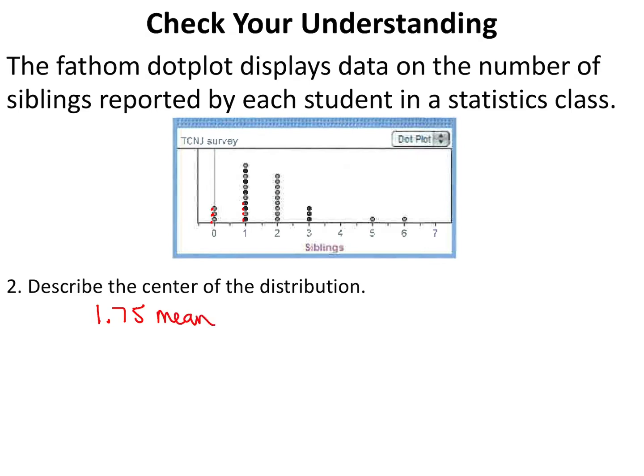To find the median, you would count in until you found the middle data value. And if you were to do that, it would actually be right between the 1 and the 2. So to find the median in that case, you would do 1 plus 2 and divide that by 2, or 3 divided by 2, which gives me 1.5 as the median.